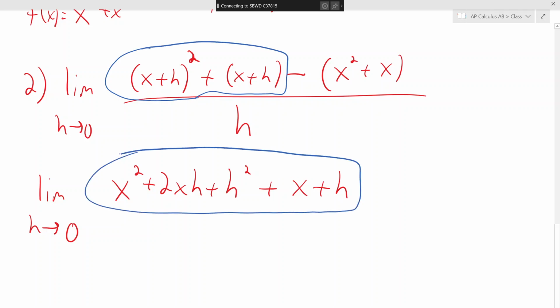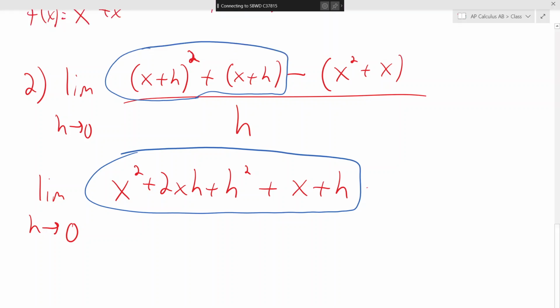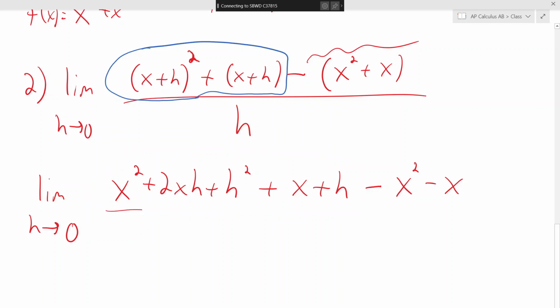I just expanded it out, okay? Y'all see that? That's all it is. From that, we're going to subtract something. Minus x squared minus x. That's just this piece right here. And that's going to be all over h.